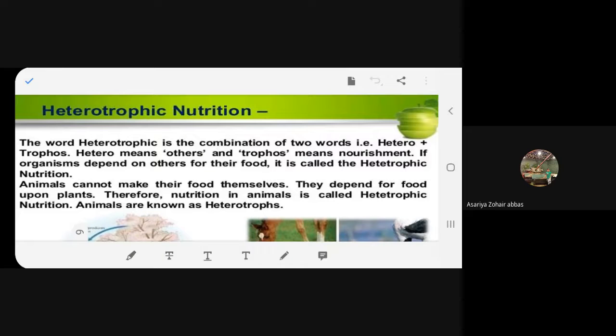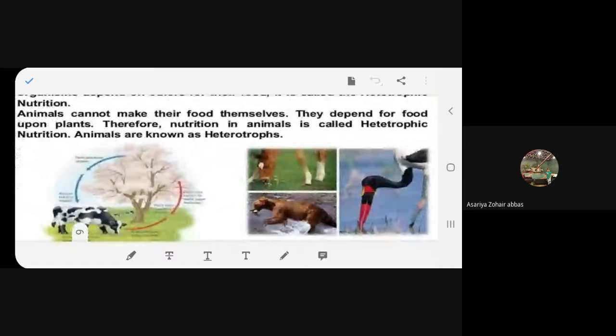That type of nutrition is called heterotrophic nutrition. We animals, humans plus animals, cannot make our food. So we depend on plants directly or indirectly. Hence, human beings and animals are called heterotrophs.